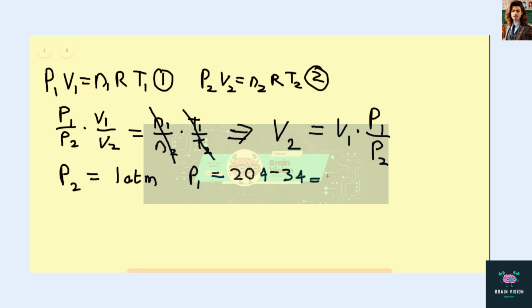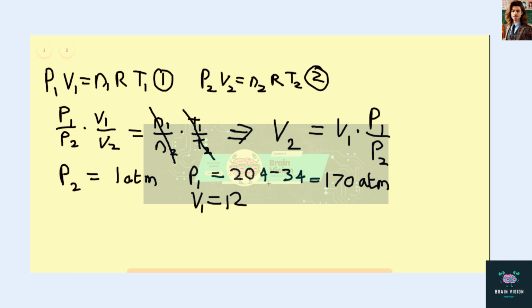So our pressure change is equal to 170 atmospheres of pressure. So that's the pressure that we need to increase it by. And also we have our volume 1, which is 12 litres, the volume in the tank, so V1 is equal to 12.